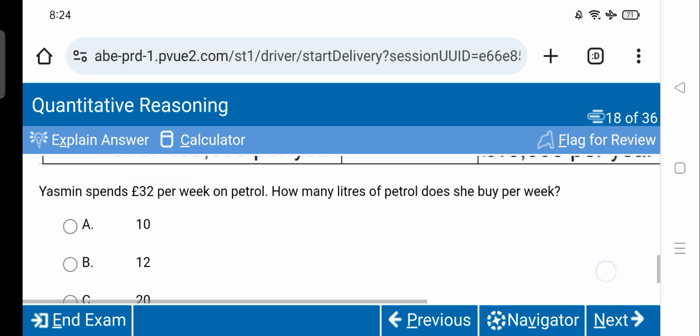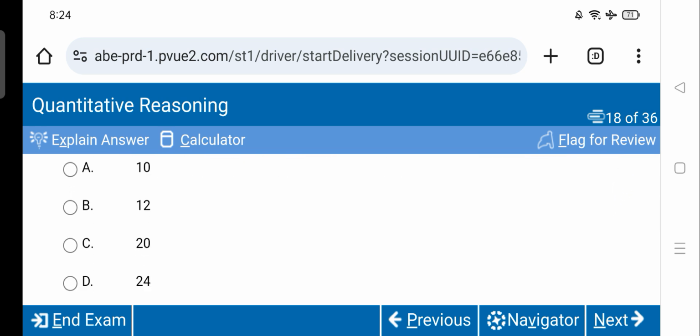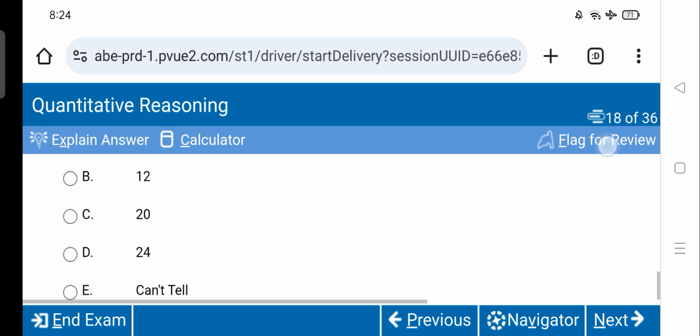So the question is, Yasmin spends 32 pounds per week on petrol. How many liters of petrol does she buy per week? Option A 10, option B 12, option C 20, option D 24, and option E can't tell.